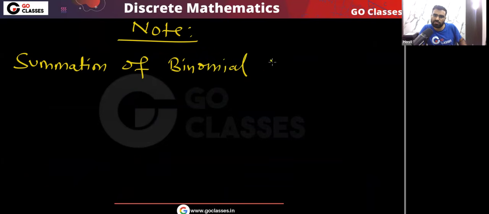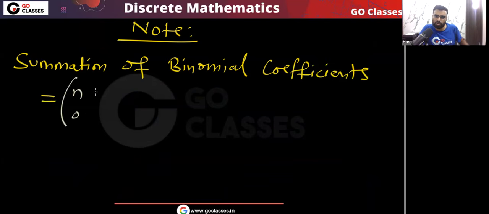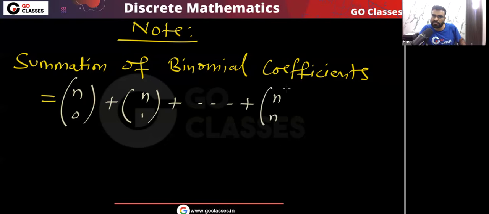Remember that the summation of binomial coefficients is the same as NC0 plus NC1 plus and so on plus NCn.